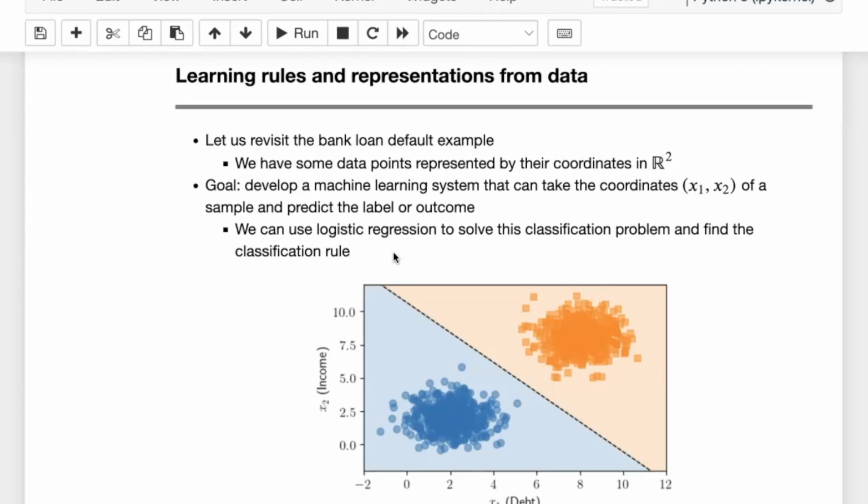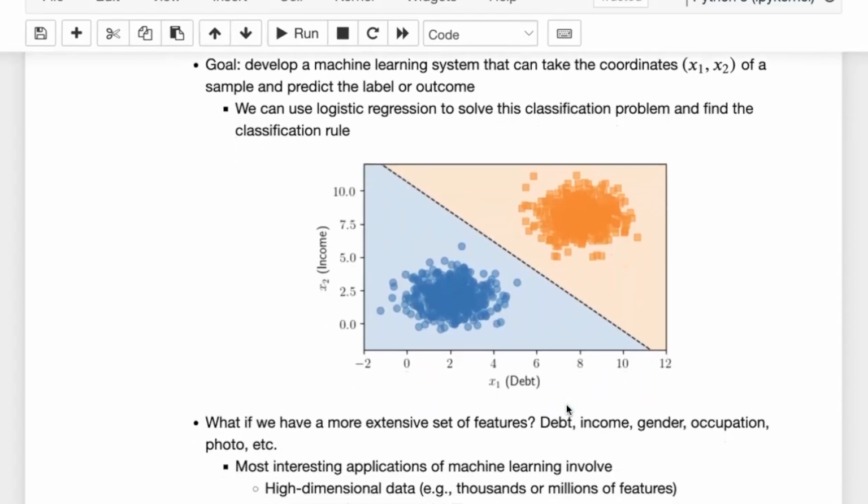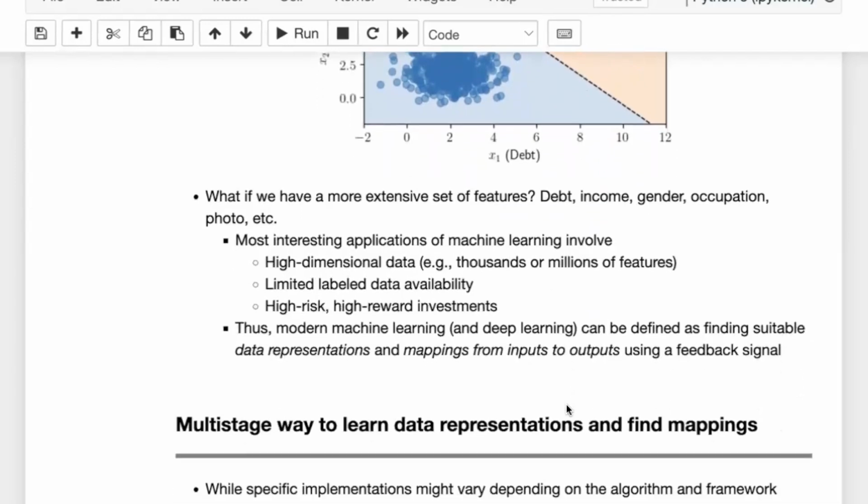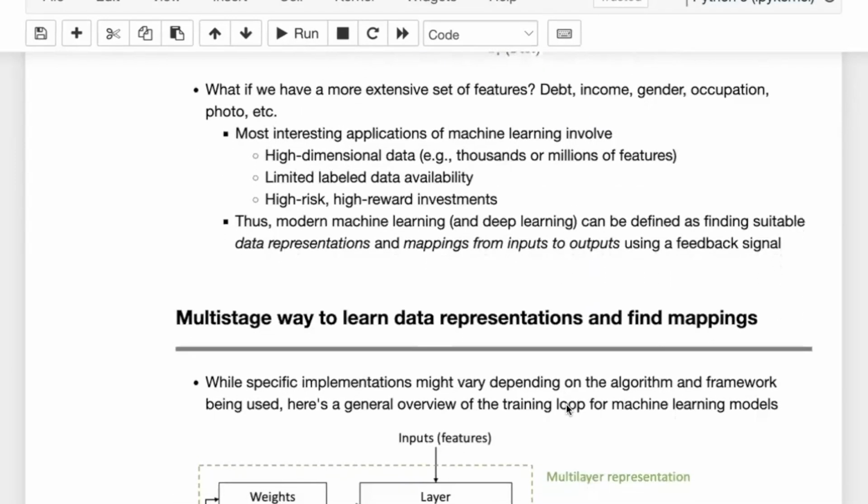And in this case, we're going to very soon see that we can use, for example, logistic regression to solve this problem and find this classification rule, meaning that this dotted line that you can see here that separates these two classes. But something that we have to think about, and this is one of the main distinctions between machine learning today and machine learning 10, 20 years ago, is that in many cases, we may have a lot of features.